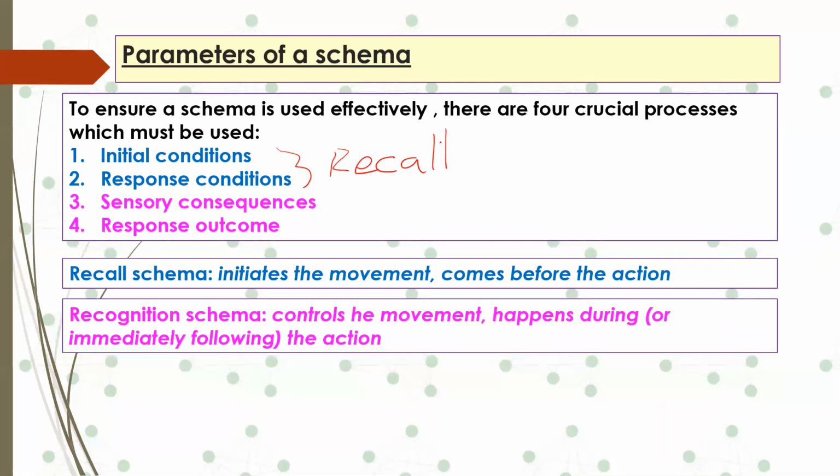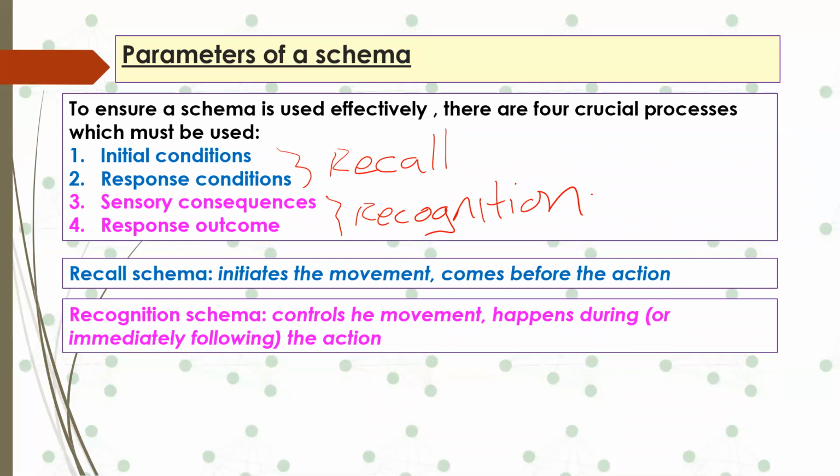And then the second 2 are called recognition schema. They help to control the movement and adjust the movement, and it happens during or immediately following the action. So you've got the first part, which is to do with the initiation of the movement, and it comes before any movement takes place.